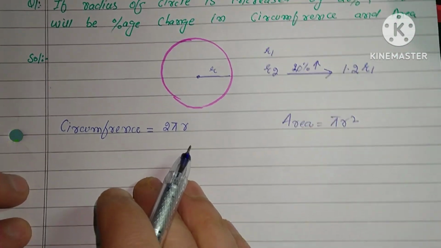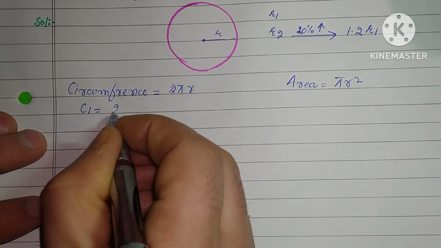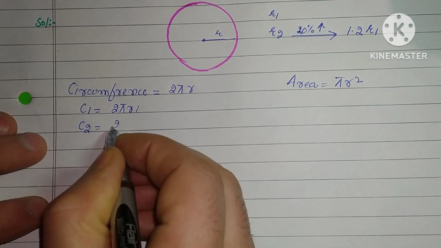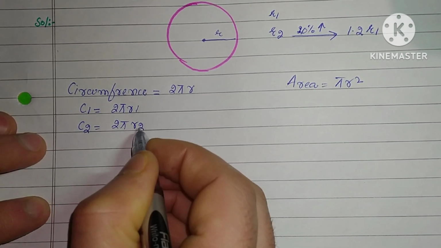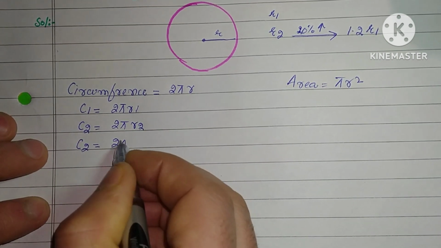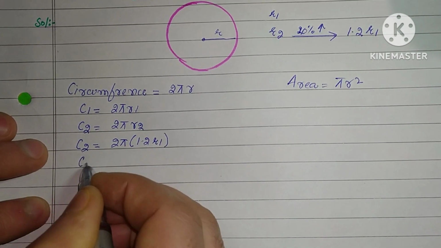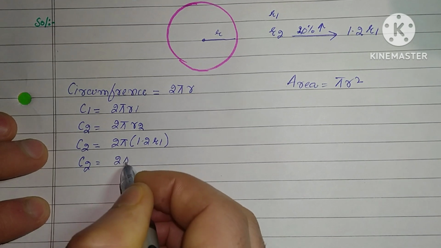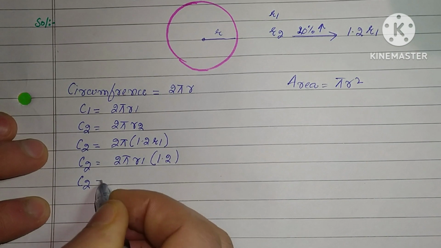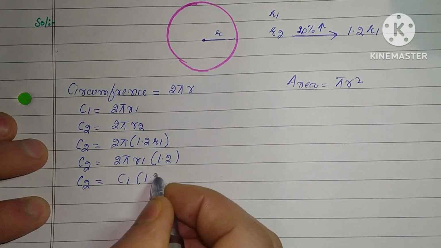Now circumference. The original circumference will be 2 pi r1 and the new circumference will be 2 pi r2. R2 is 20% more than r1, so the new circumference will be 2 pi r1 times the factor 1.2.